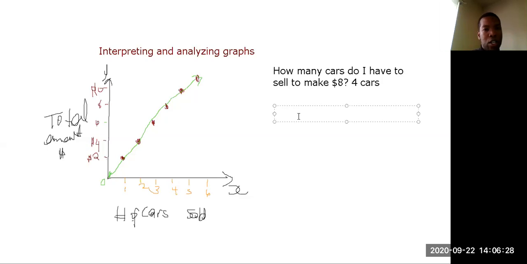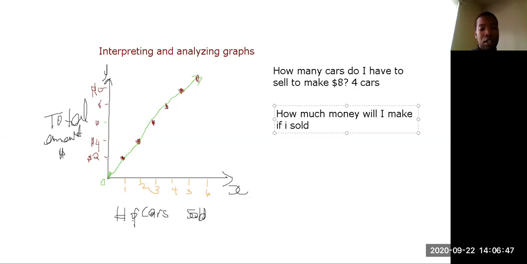The next question we're going to look at is, I don't have 7 cars right there, but how much will I make if I sold 18 cars?